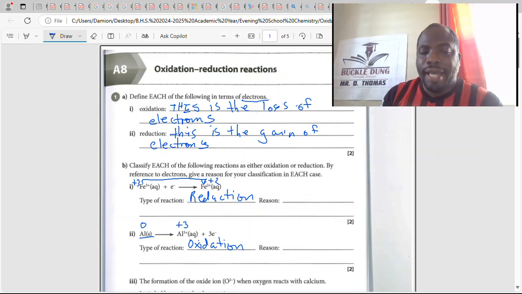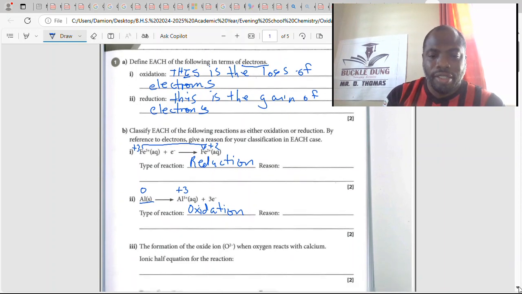I added these two to show you that you can look at it in both ways. But the question is really asking you to zero in on the electrons. So we know that this is oxidation because the aluminum would have lost 3 electrons. And we know the loss of electrons is oxidation.